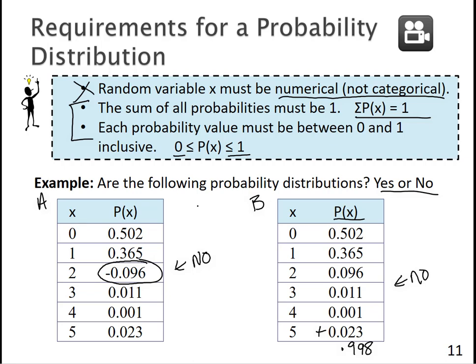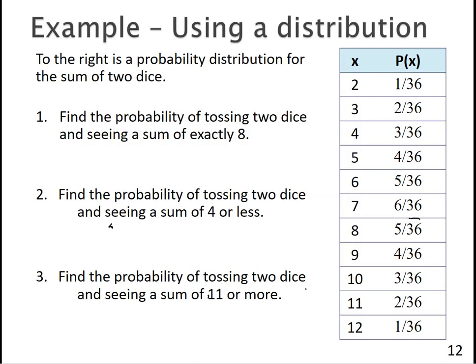Let's move on to the next example. Class, let's do the next example. So here in this example, we are going to use a probability distribution in order to answer some basic probability problems. We have, to the right, a probability distribution for the sum of two dice. This is the distribution that we created a couple of videos ago.